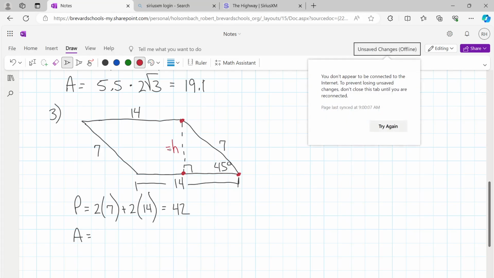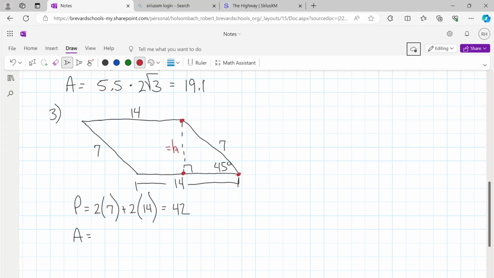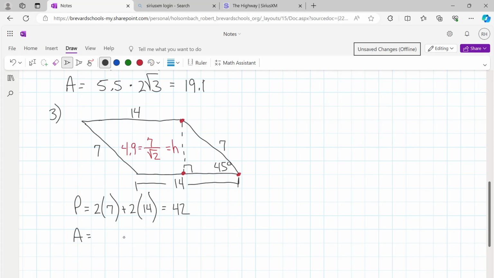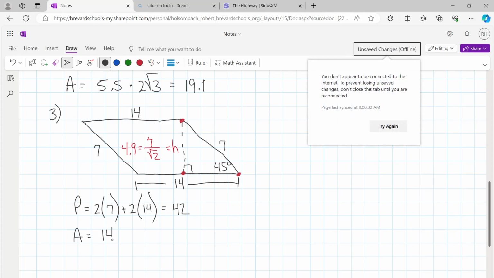So this height is equal to 7 divided by the square root of 2. And 7 divided by square root of 2, I get 4.9. So the area of this parallelogram is equal to 14 times 4.9, 69.3.